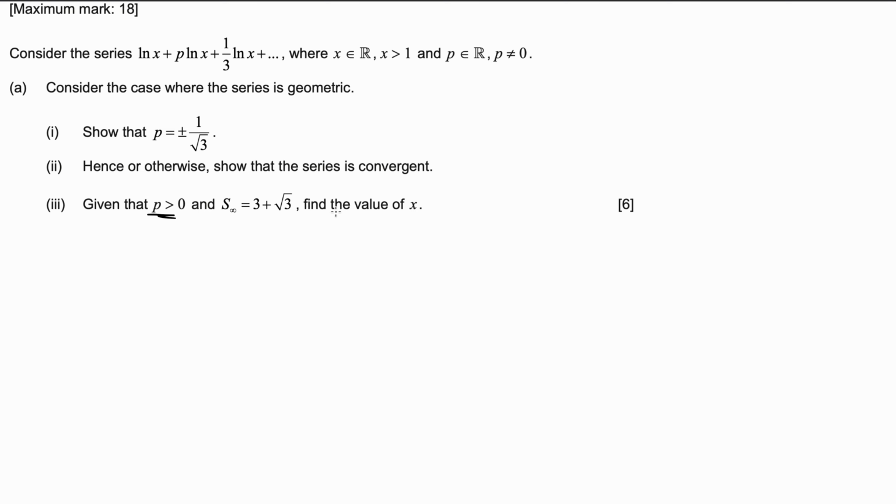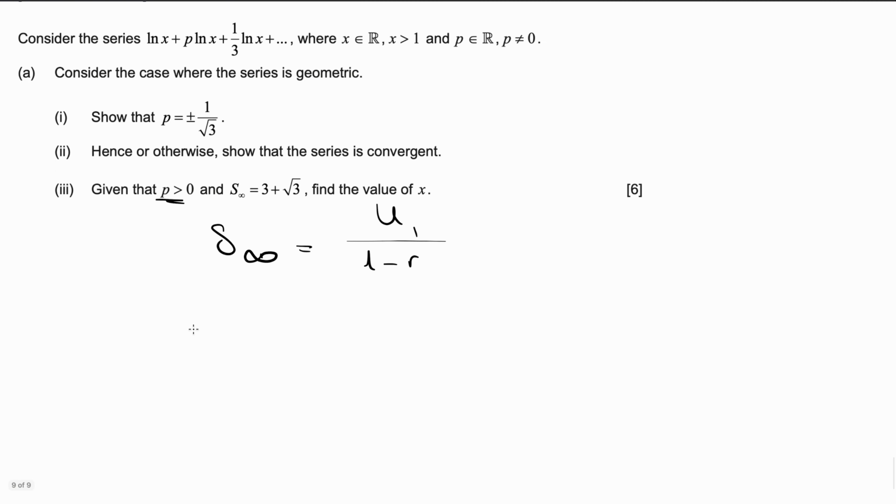Okay, so lovely. Let's see, so the infinite series is u1 over 1 minus r.